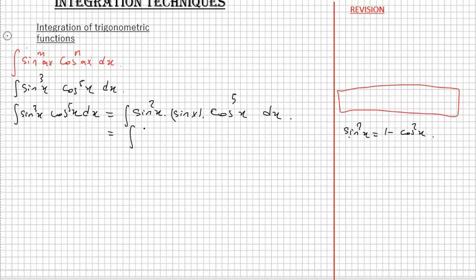That gives 1 minus cos square of x multiplied by sine x multiplied by cos to the power of 5 of x, and then I have dx.